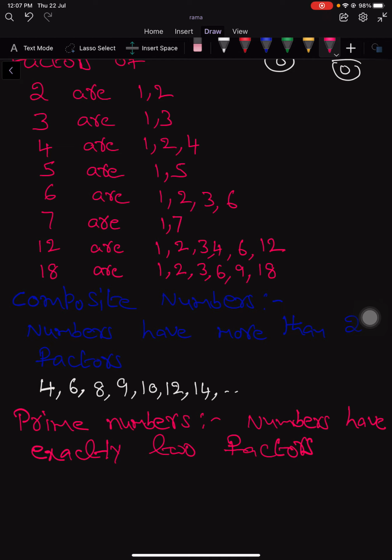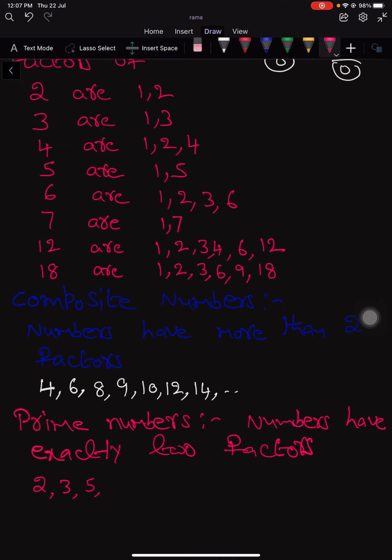Number 1 has only one factor, that is 1 itself. 2, 1 into 2. 3, 1 into 3. 4, 2 into 2. So 4 has 1, 4 and 2 as its factors. So it is not a prime number. 5. 6, 6 is equal to 2 into 3.